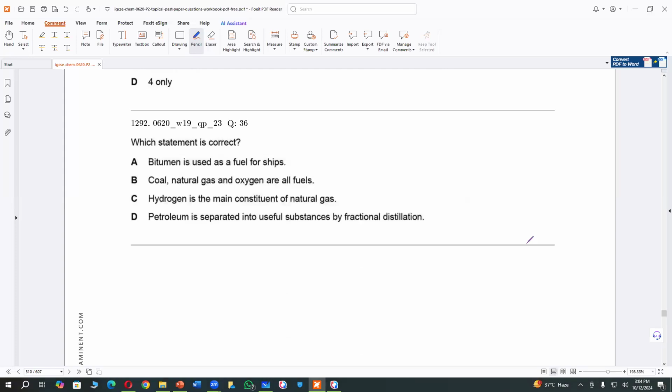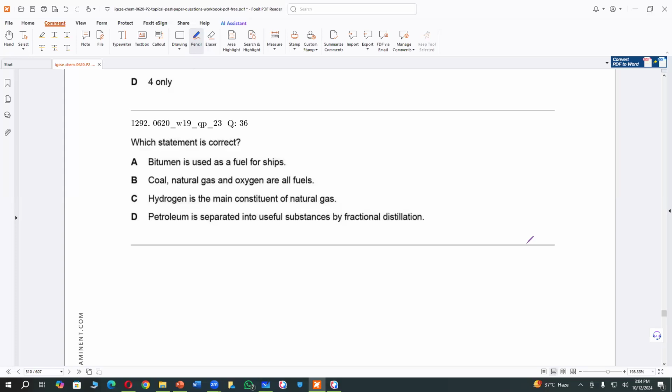Which statement is correct? D. It's not B because oxygen is not a fuel.